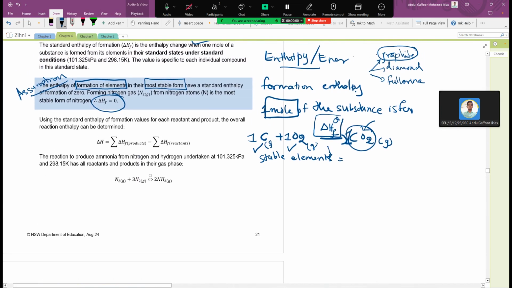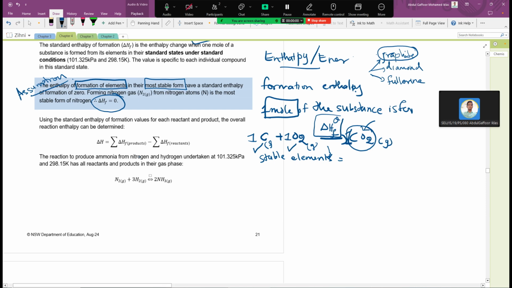So if you want to write down the definition of delta HF theta, you have to mention that the amount of substance formed is 1 mole, and it is formed from the naturally occurring stable elements, and the amount of energy released or absorbed during this process is called delta HF theta, the standard formation enthalpy.